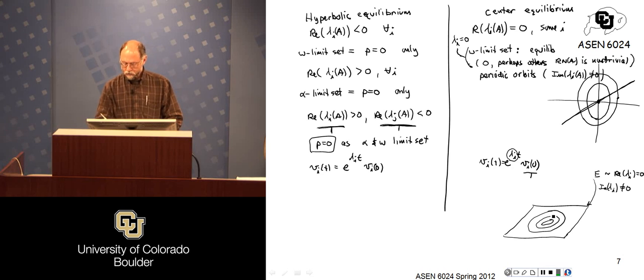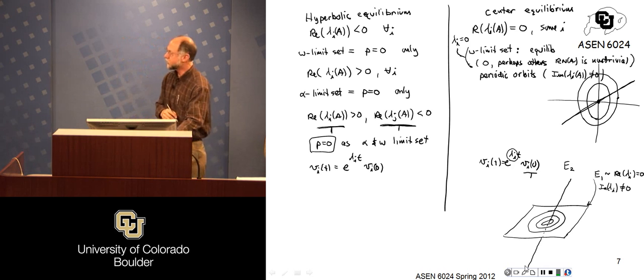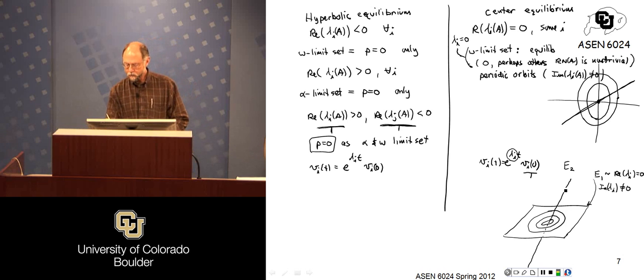And then suppose I have another eigenspace sticking out here, E2, and we'll call this E1. It doesn't have to be orthogonal to that plane. This eigenspace here might be associated with a case where the real part, say, of lambda j is -1.